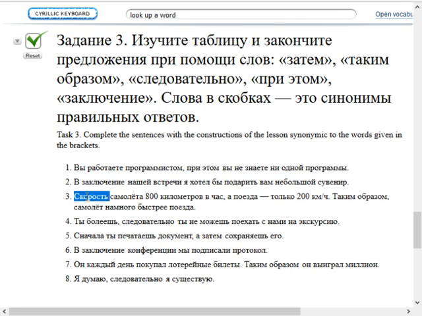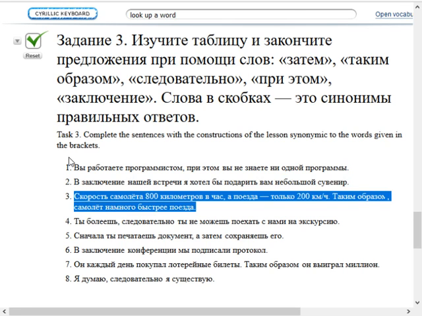В заключение нашей встречи я хотел бы подарить вам небольшой сувенир. So to finish our meeting, or at the close of our meeting, I want to give you a little souvenir. That's nice. Скорость самолета 800 километров в час, а поезда только 200 километров в час. Таким образом, самолет намного быстрее поезда. So the airplane, or the speed of the airplane, is 800 kilometers per hour, and the train is only 200 kilometers per hour.